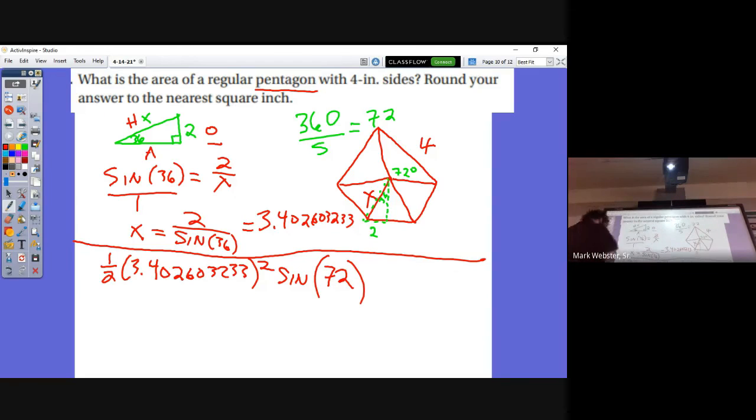So whatever that is. Now, again, I don't feel like doing like 50,000 things. So I still have this 3.4 number stored in my calculator. I'm just going to square that first. Then I'm going to divide it by 2. Then I'm going to multiply by that sine.